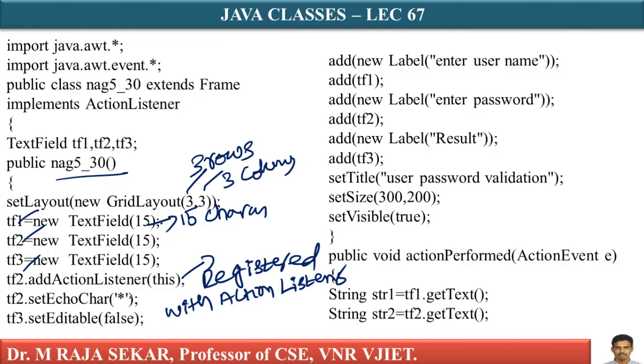What does it mean? If something is entered by the user, it is echoed as star. TF1 is username, TF2 is password. If you enter a password, it will be displayed as star, because the password cannot be displayed.